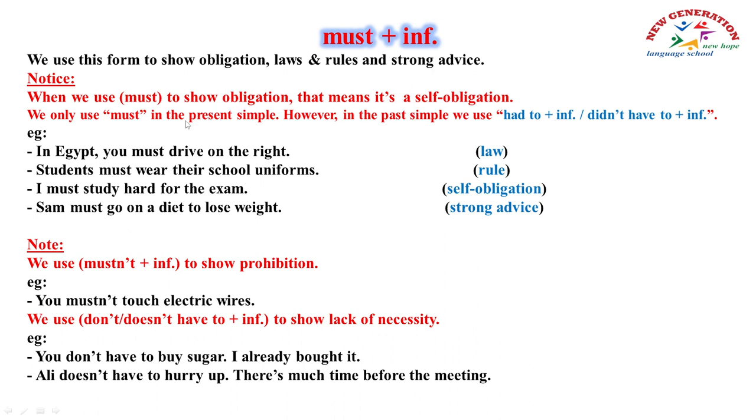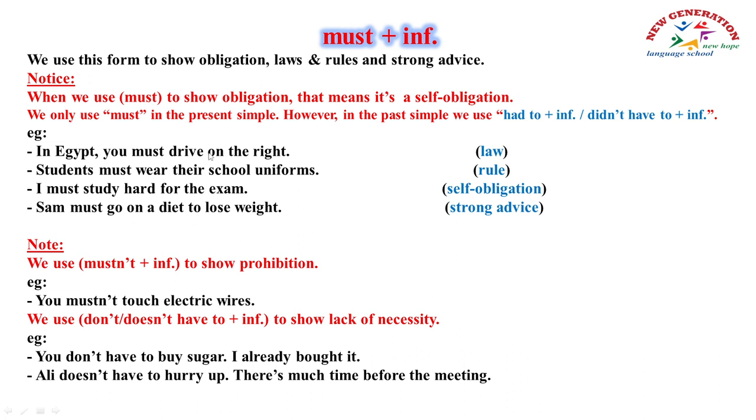We only use must in the present simple. However, in the past simple we use had to, and the negative form didn't have to plus the infinitive. By the way, there are some common features for modals. All of them are followed by the infinitive form of the main verb.